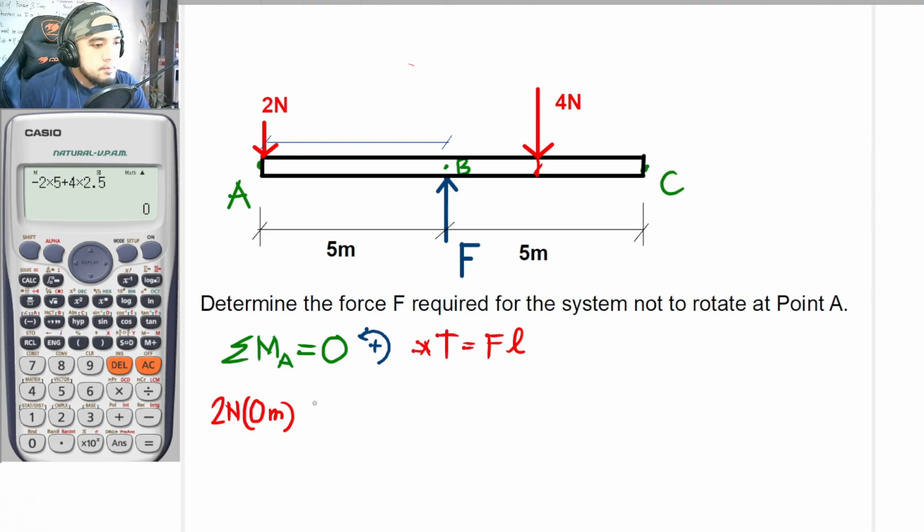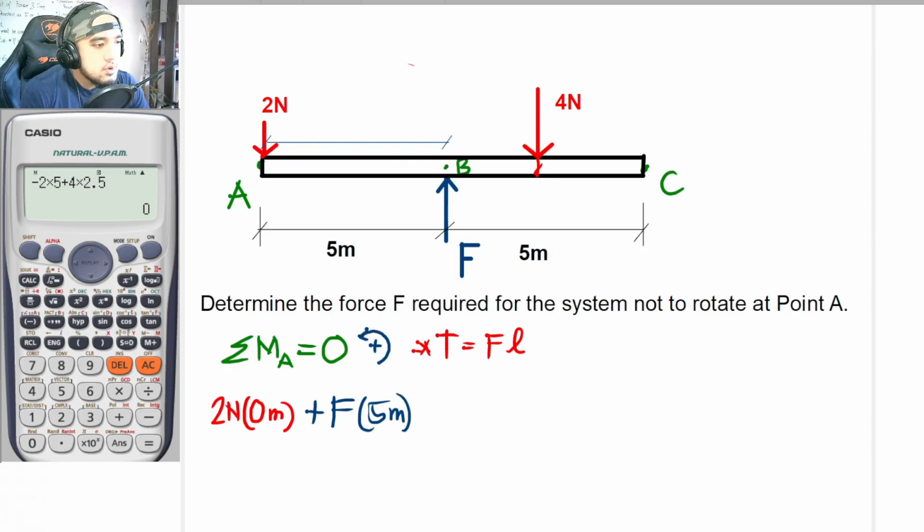So thus, positive force F, I do not know what force F is yet, times the lever arm of 5 meters. So 5 meters. Okay, so that is for force F. Once again, it is positive because the tendency of force F is to rotate point A in a counterclockwise direction, and my sign convention once again is counterclockwise positive.